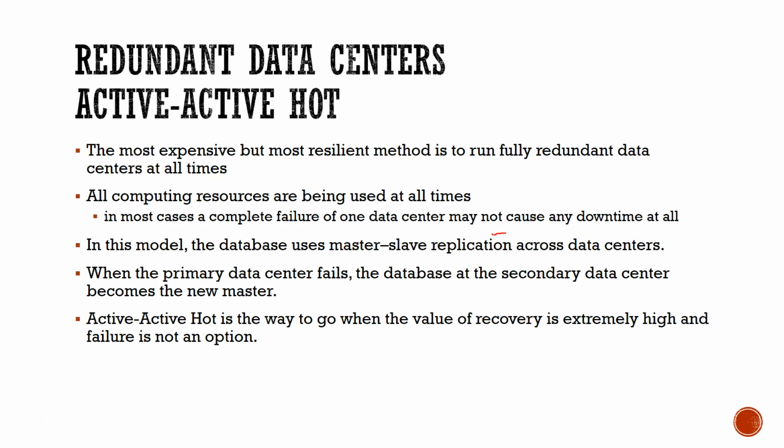So when a transaction happens on the master database, that transaction is transferred to the slave server. So they are always in sync with the master-slave replication. So if the primary data center fails, second data center becomes the new master, and vice versa.